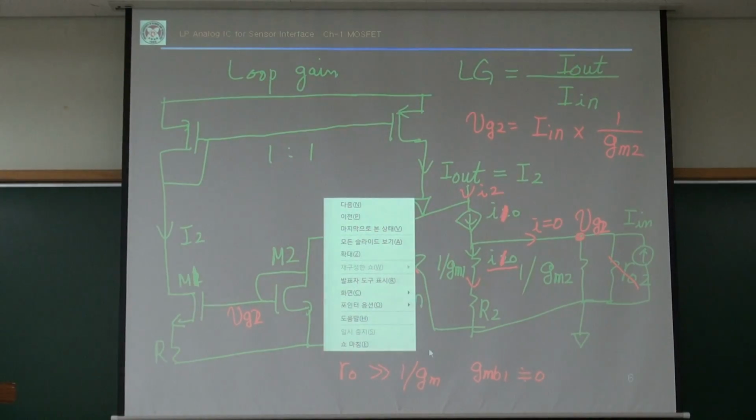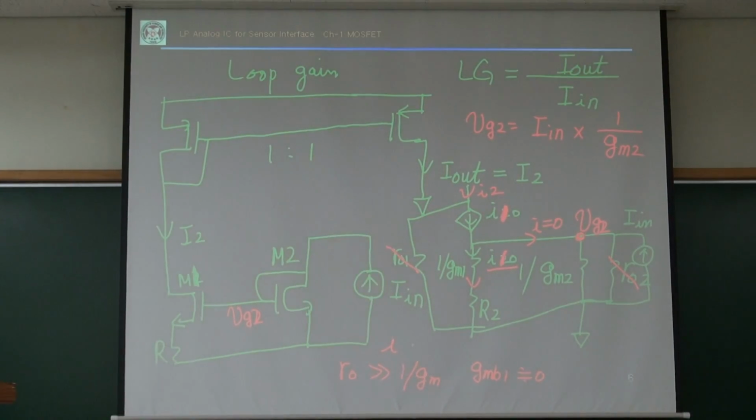So what's my I1? I1 equals VG2 divided by 1 over GM1 plus R. I just substitute VG2 in this equation, then I can find this I1, which is I2.